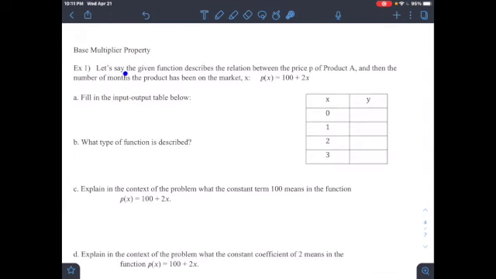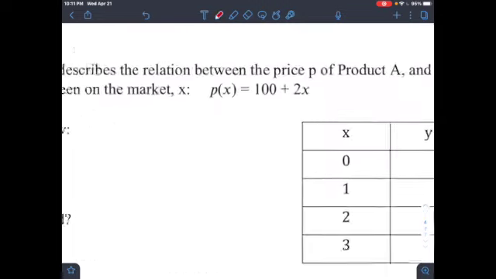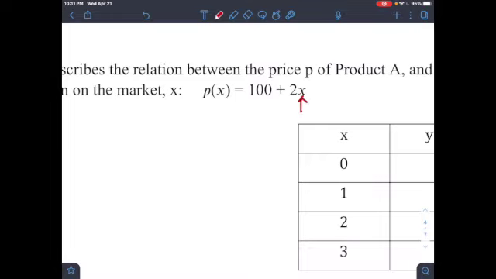Example 1. Let's say the given function describes the relation between the price P of a product A, that's just whatever, and the number of months the product has been on the market, that's x. So in this case, this is the number of months, all right? This is the price.